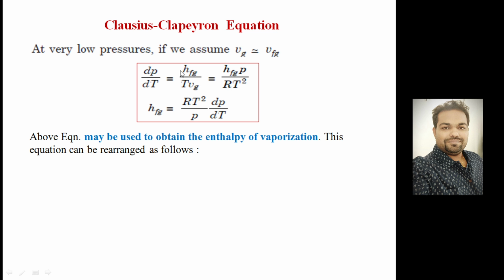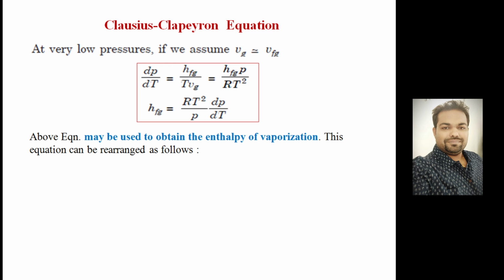The same equation can be reconverted into hfg times P divided by RT squared, or you can directly find hfg. hfg is equal to RT squared divided by P times dP/dT, and this is the slope. So the above equation may also be used to find the enthalpy of evaporation.